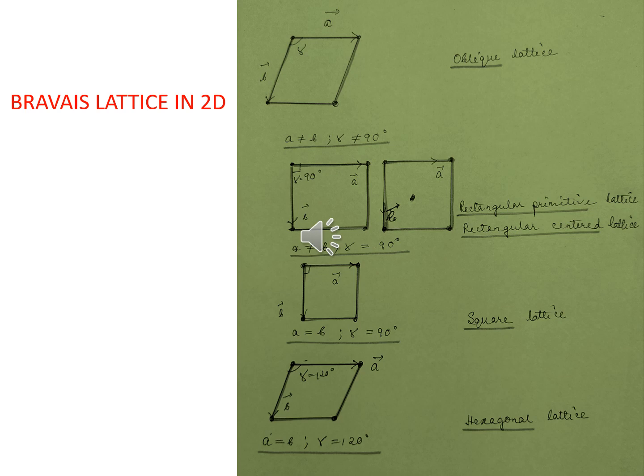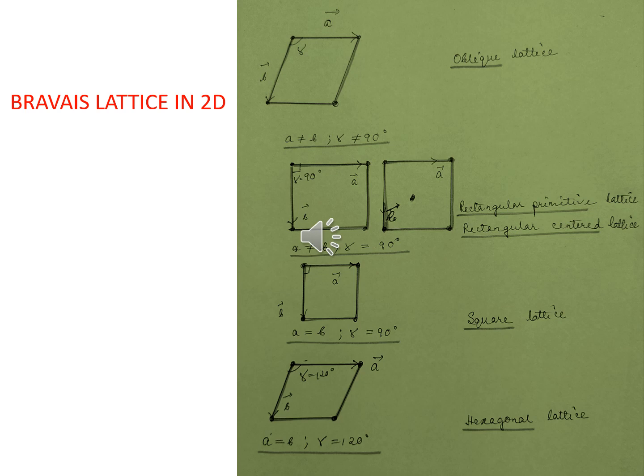Okay, so now take the case of another one, the rectangular primitive lattice. In the rectangular primitive lattice, a is not equal to b, but the angle between them is 90 degrees, right? And we have lattice points only at the corners, so that is called a rectangular primitive lattice. In the rectangular centered lattice, in addition to the corner lattice points, one additional lattice point is there at the center.